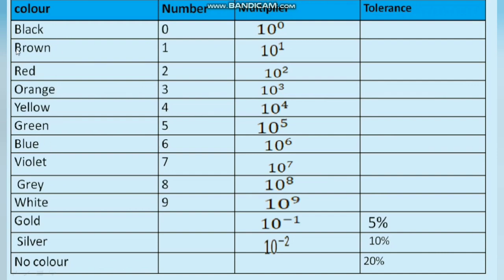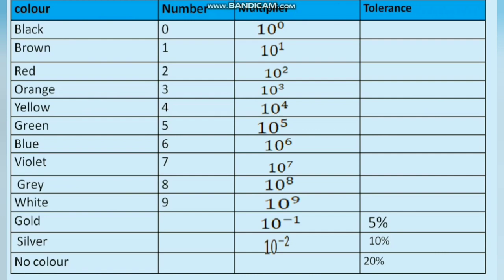Only read the first letters: B, R, O, Y, B Roy; of Great Britain, GB; Great Britain has very good wife, VG, very good; W is wife, with gold and silver, right? Now, each color is assigned some digit. You can remember the order of colors by using the color code.